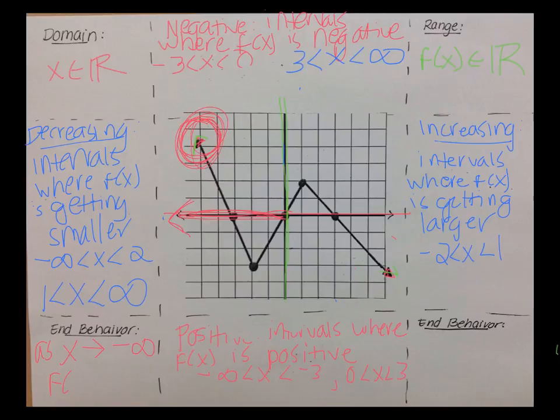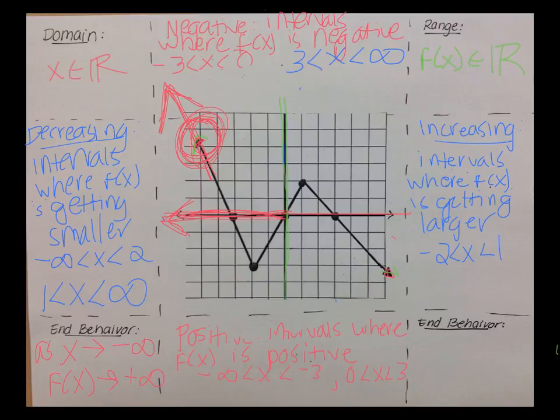My function, my f of x values, are going to be getting bigger. They're going to be heading off into positive infinity. So as my x values go towards -infinity, my function is actually going to positive infinity.